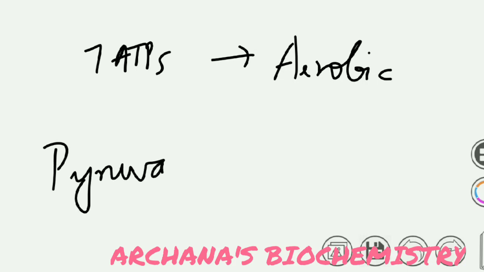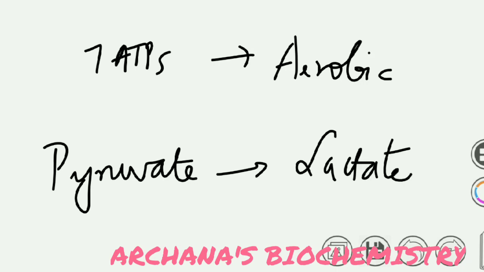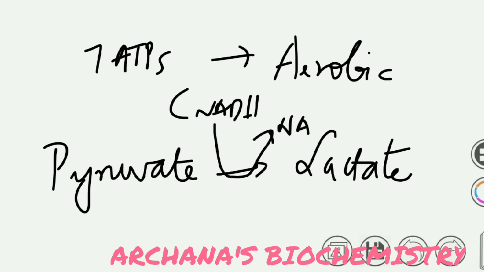In aerobic glycolysis. Now what happens in anaerobic glycolysis? The end product is not pyruvate, but pyruvate is converted to lactate. So the NADH produced initially in the dehydrogenase step is utilized here. Okay, so that gets cancelled. So now what is the total number of ATPs?